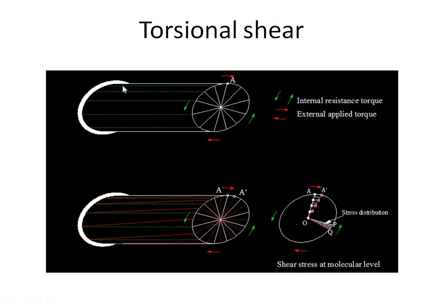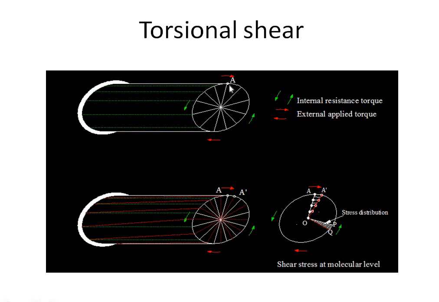So assume we have a shaft and one end of it is fixed, and these red color arrows represent the torque applied. Instead of external loading, now we call it external torque, right? So now whenever a clockwise torque is applied, a counterclockwise torque, or internal resistance, is developed inside the material to counteract it, right?